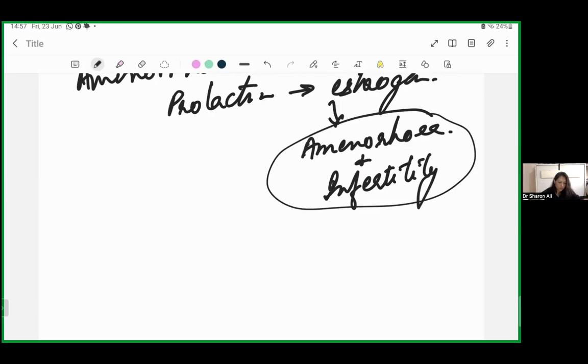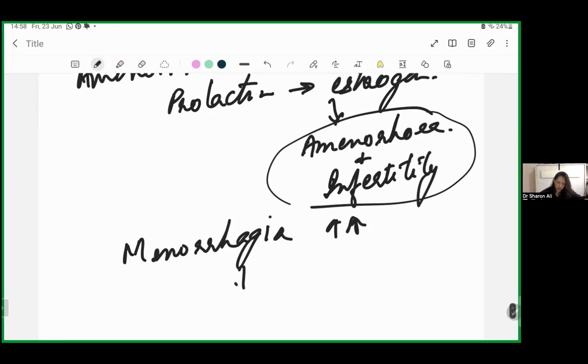Now, when we see this, we will see that menorrhagia, which means increased menses or prolonged menses, if this is a particular thing that's happening, it is because of hypothyroidism.